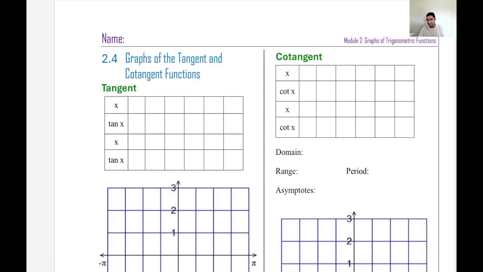There can be values where a trigonometric function is not defined, so we have to have some restrictions in the domain, and there are some vertical asymptotes at those points. And then we also noticed that the range of the secant and cosecant function did not include anything between -1 and 1, right? So there can be strange things.